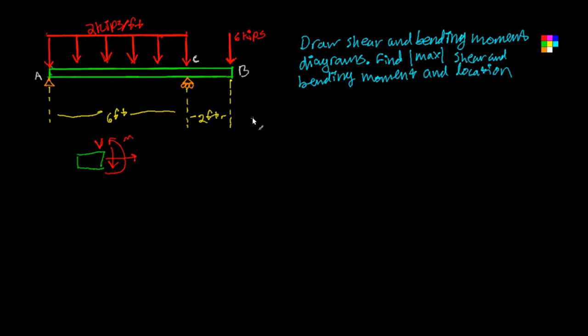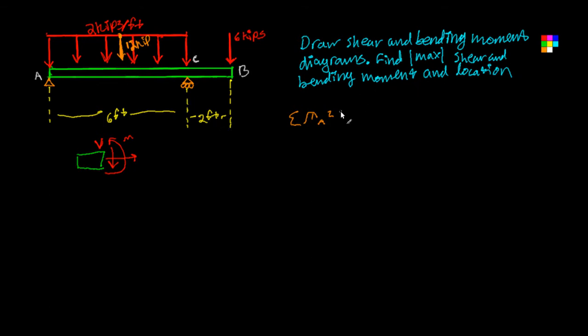Now we'll take the moment about A. So we know this distributed force can be said, since it's a rectangle, to act straight down the middle, and it is a 2 times 6, 12 kip force at 3 feet.